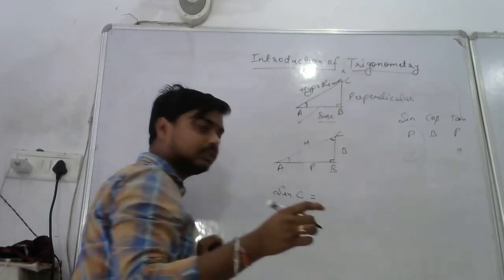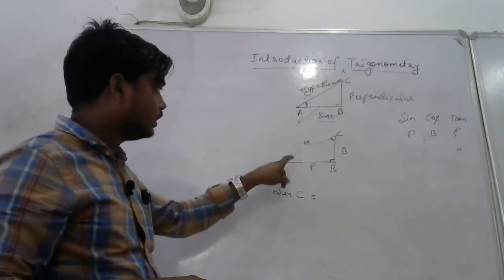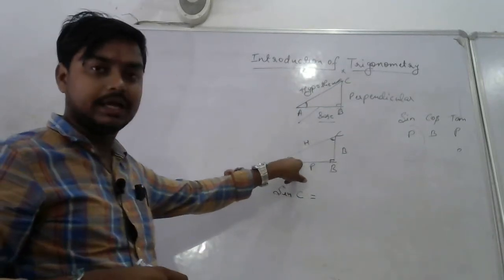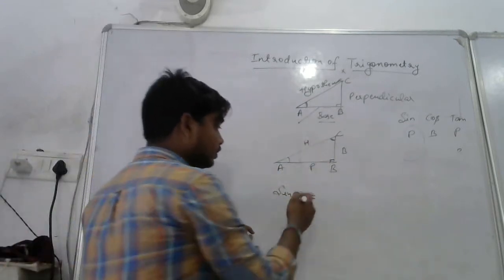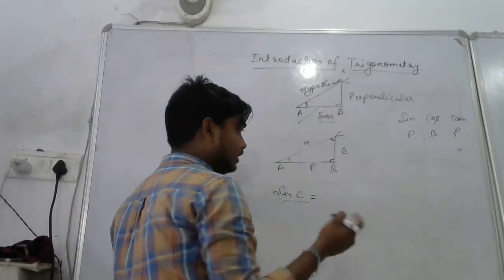So the hypotenuse is common for both, whether we measure from angle A or from angle C.